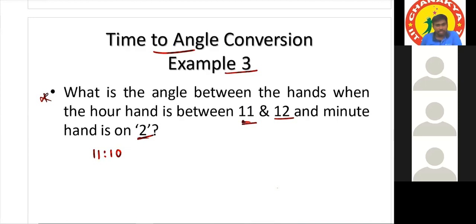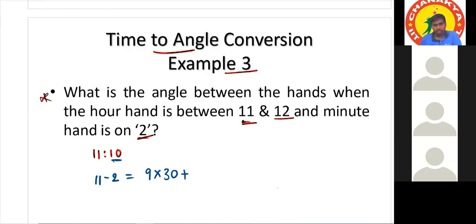So can I use the formula, or is it better to use the shortcut? The shortcut, because it's guaranteed. Here the minutes are multiples of 5, so we can go with the shortcut. The hour hand is on number 11, the minute hand is on number 2. 11 minus 2 is 9. 9 into 30. Then we have to do plus or minus next.